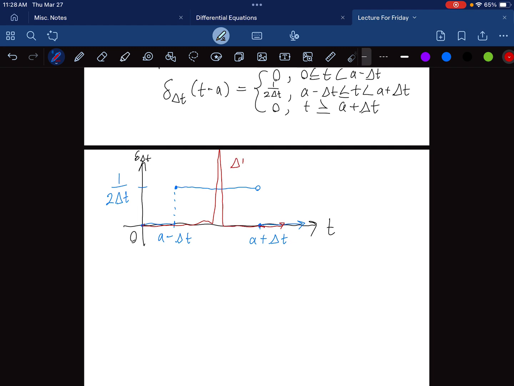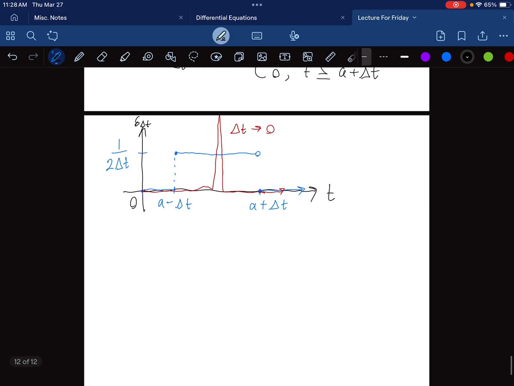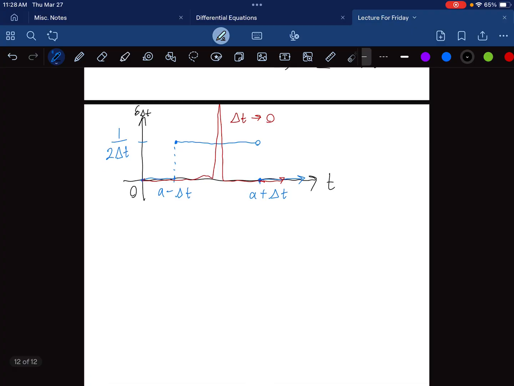So this is for delta t going to 0. And so by taking this difference of t going to 0, this is how we get the Dirac delta function.